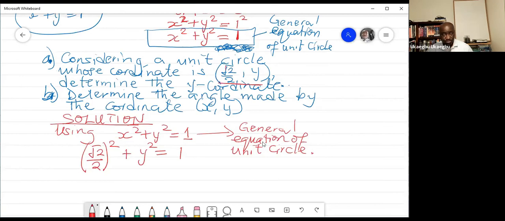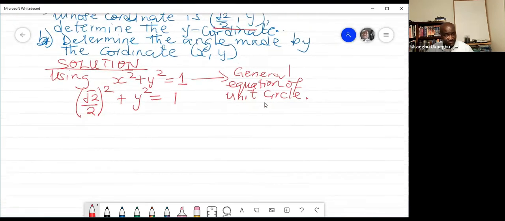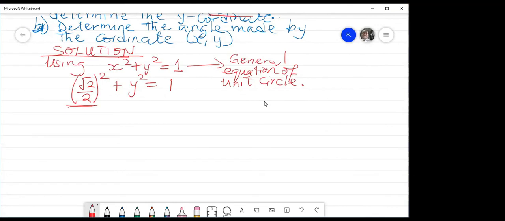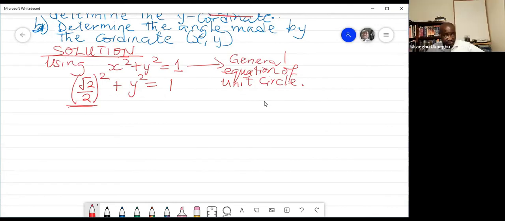All right. So now we have a little challenge here. The challenge is we have to evaluate this. So in order to evaluate this, what do you think we should do? Give me an idea, please, ladies and gentlemen. You can isolate the y. Okay, so even before we isolate the y, can you evaluate this, the one I'm highlighting right now, so that it will no longer have a square root?